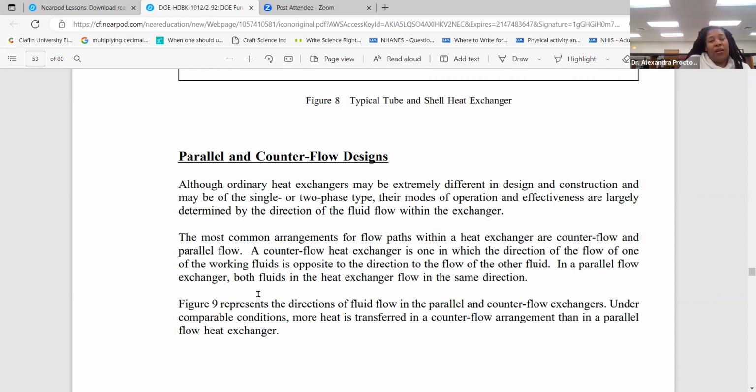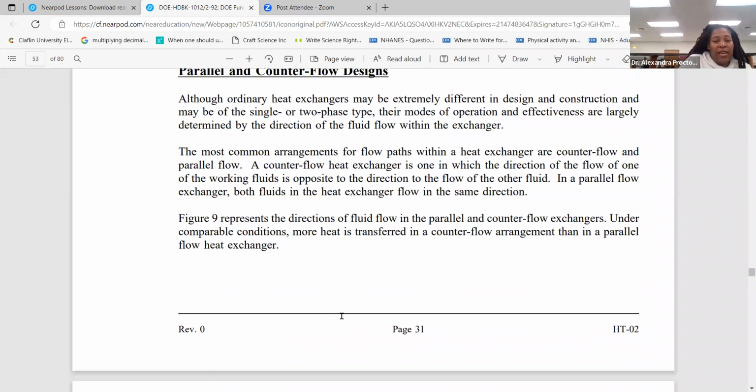A counterflow exchanger is one in which the direction of flow of one of the working fluids is opposite to the flow of the other fluid. In a parallel flow exchanger, both fluids flow in the same direction. Figure 9 represents the directions of fluid flow in the parallel and counterflow exchangers.